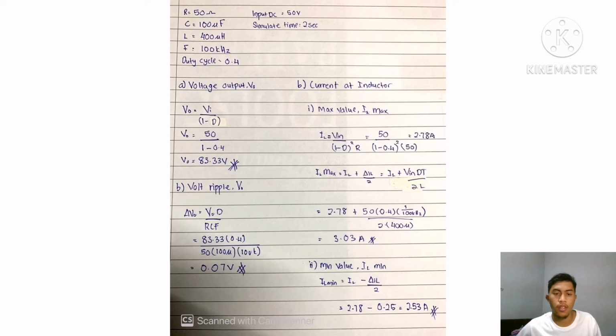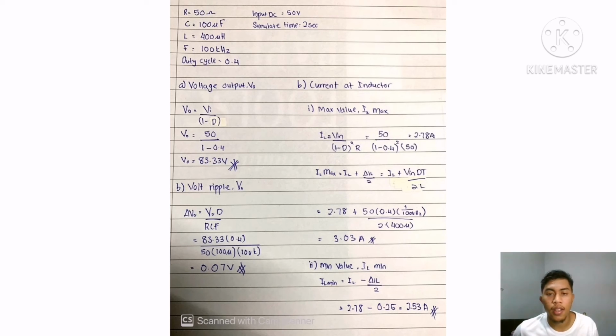After that, we have to find the voltage ripple. The formula for voltage ripple is V output multiplied by duty cycle over RCF. RCF means resistor multiplied by capacitor and frequency. So the value is 0.07. This value is the same as the simulation value, as we can refer to the previous slide.